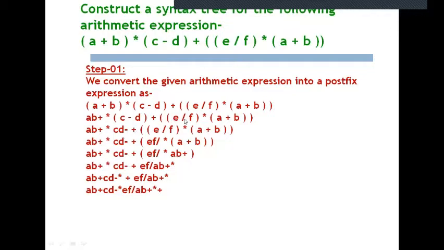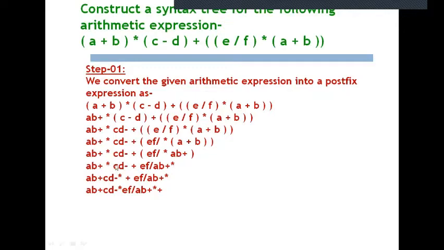Then here take this slash outside so that it becomes ef slash, and then take this plus outside so that this becomes ab plus. Okay, so now we have this star operator, take it outside the bracket. So this becomes ef slash ab plus and star.